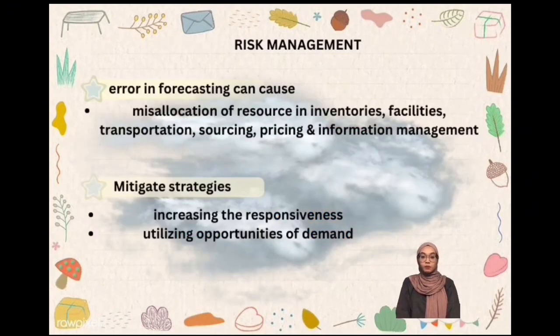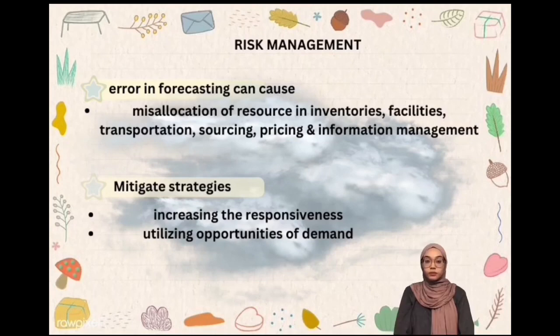In risk management, error in forecasting can cause misallocation of resources in inventories, facilities, transportation, sourcing, pricing, and information management. Forecast error in inventories can result in over or underestimation of future demand for products. In facilities, production facilities may be overwhelmed, leading to inefficient use of resources and increased operational costs.